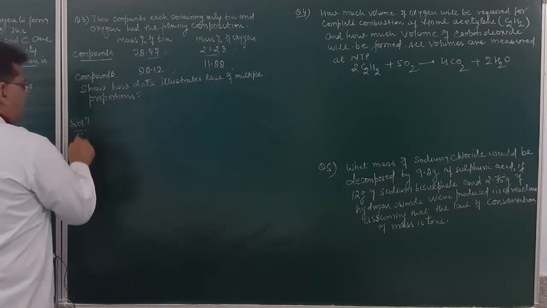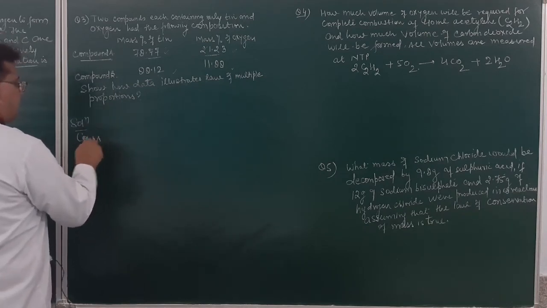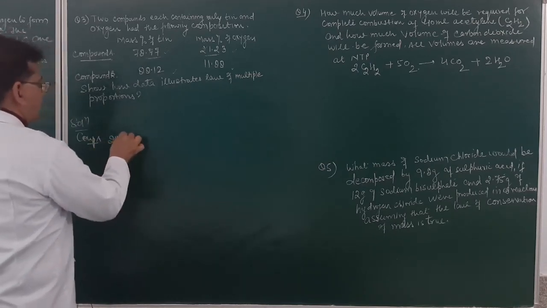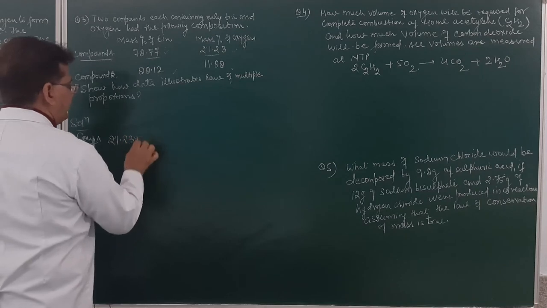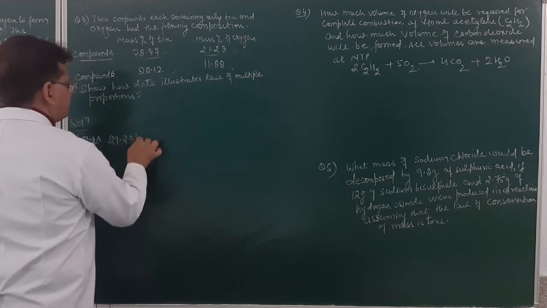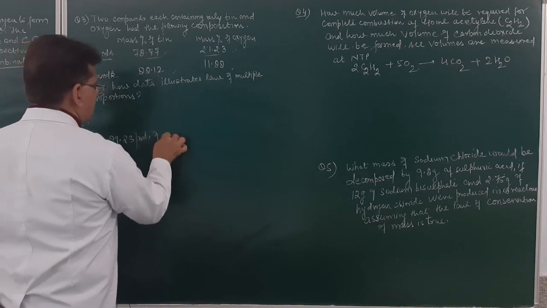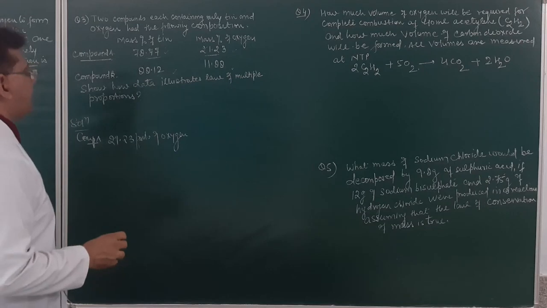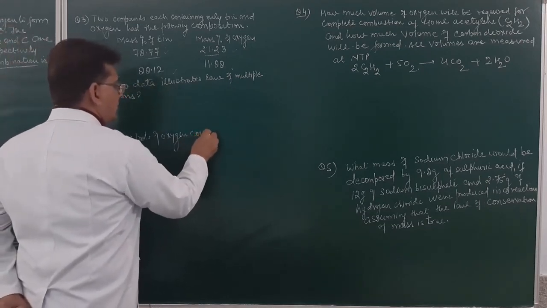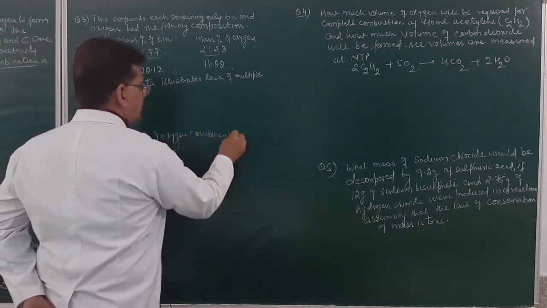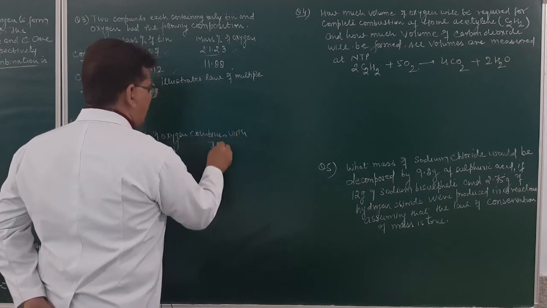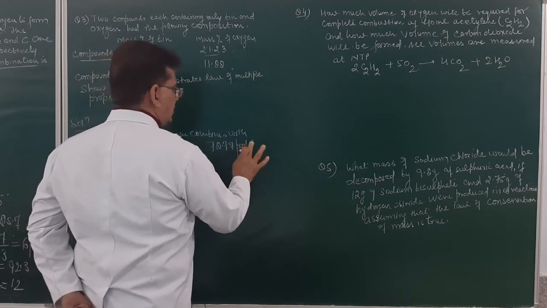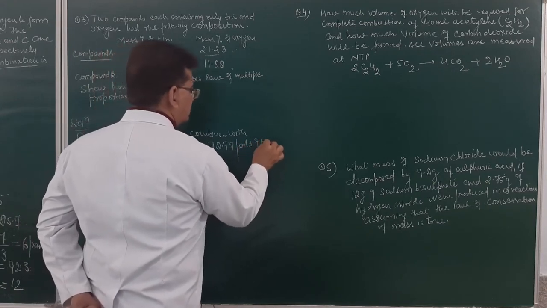So in compound A, 21.23 grams of oxygen, or I must say parts of oxygen, combines with 78.77 parts of tin.